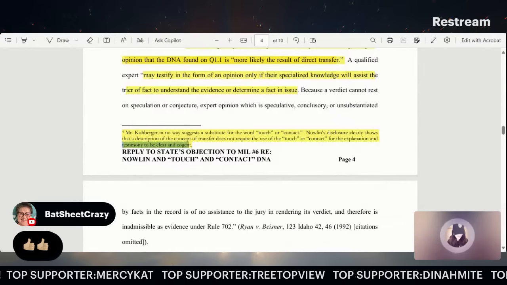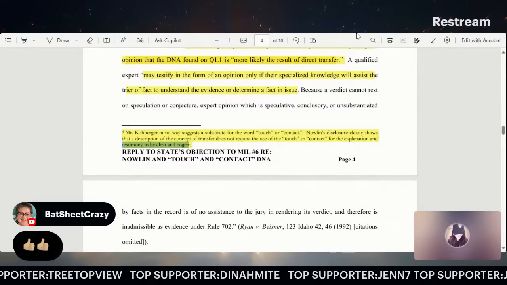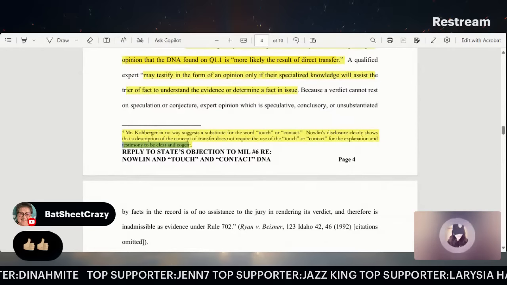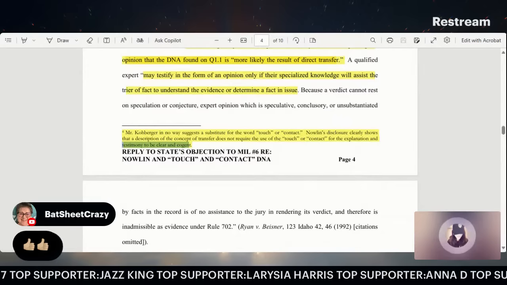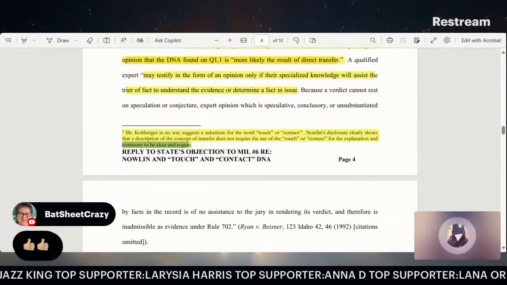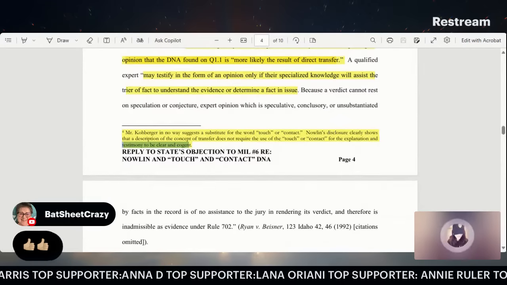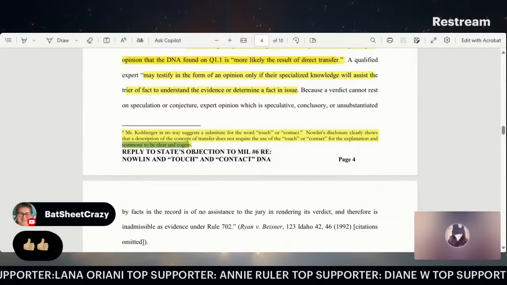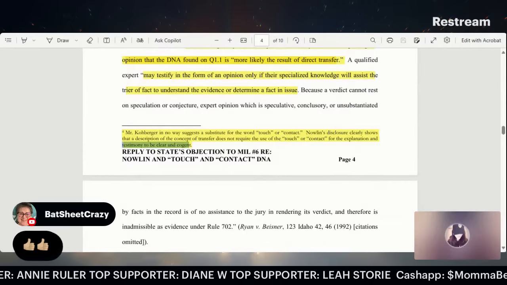See, my brain fog's real. What did it mean again? Cogent. Damn it. I kept the tab open. Clear, logical, and convincing. Okay, cool. So what they're saying here is that she, in other disclosures, has described the DNA on the sheath as transfer and hasn't used the word touch or contact up until this year, 2025.